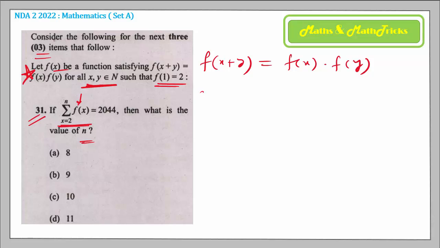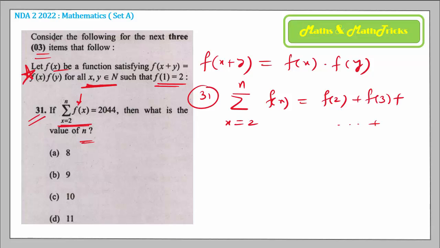So looking at the question 31st, the LHS side of the question is the sum of f(x) from x equal to 2 to n, which is the same as to say the sum of f(2), f(3), and so on until f(n). Now you have to use this given f(1) equal to 2 to establish what is f(2), f(3) and so on.